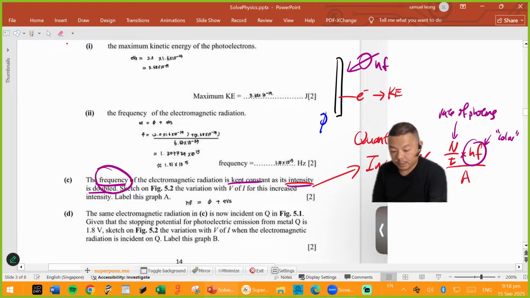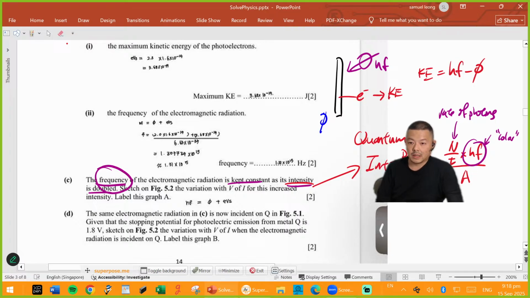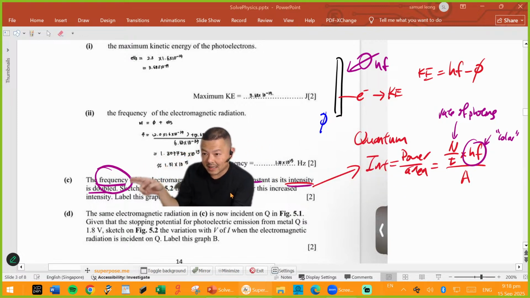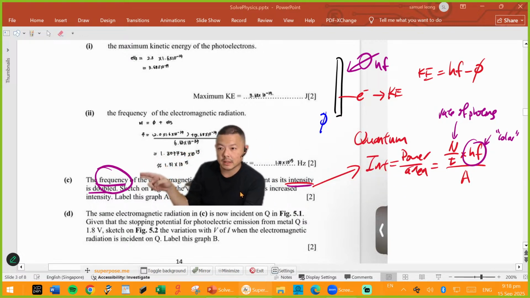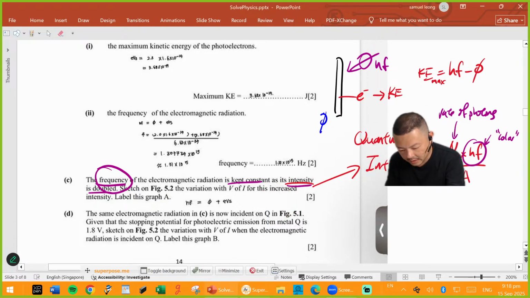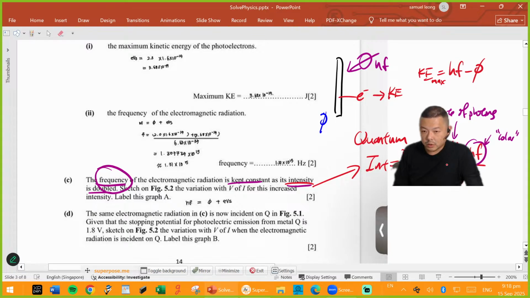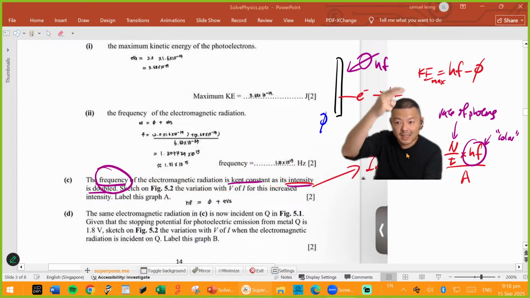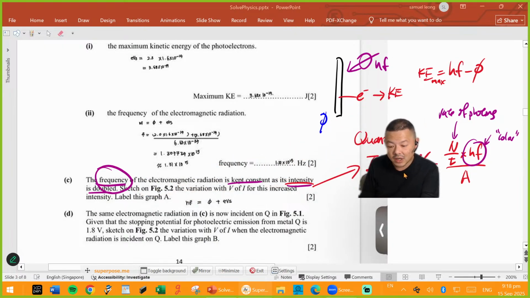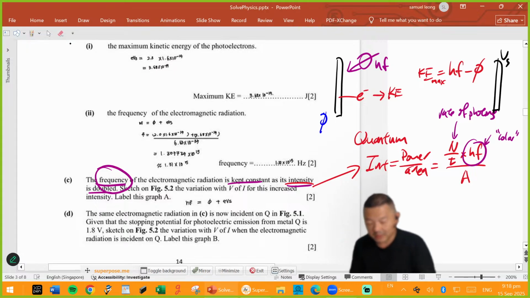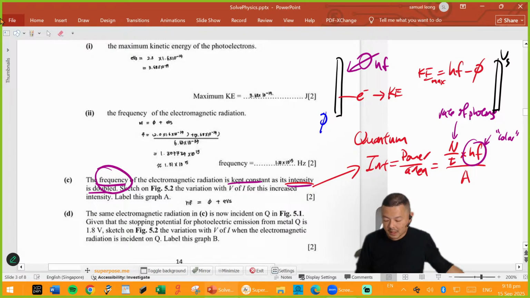KE is basically hf minus phi, the incident photon energy minus the work function. So if you maintain the same frequency, you will have the same max KE of the photoelectron. Even if you double the intensity, the KE of the electron doesn't change, which also means that on this side, the stopping potential is still the same as before.